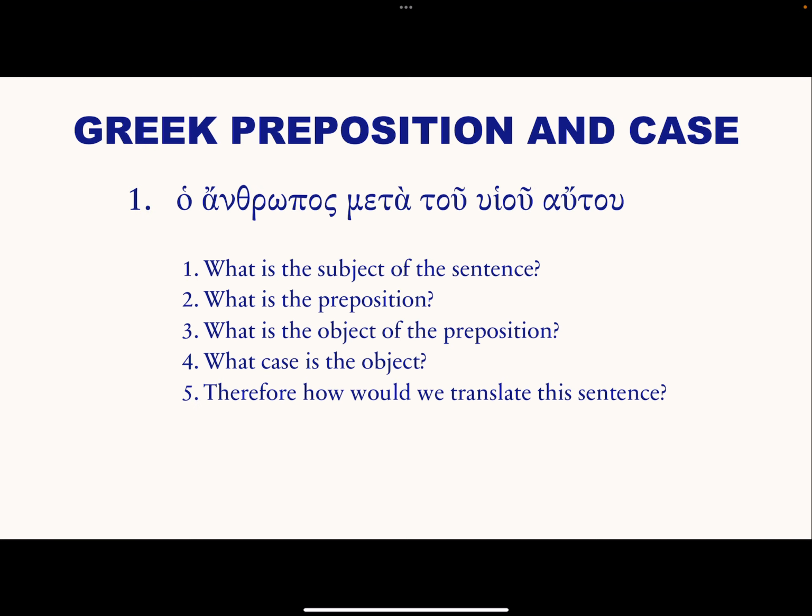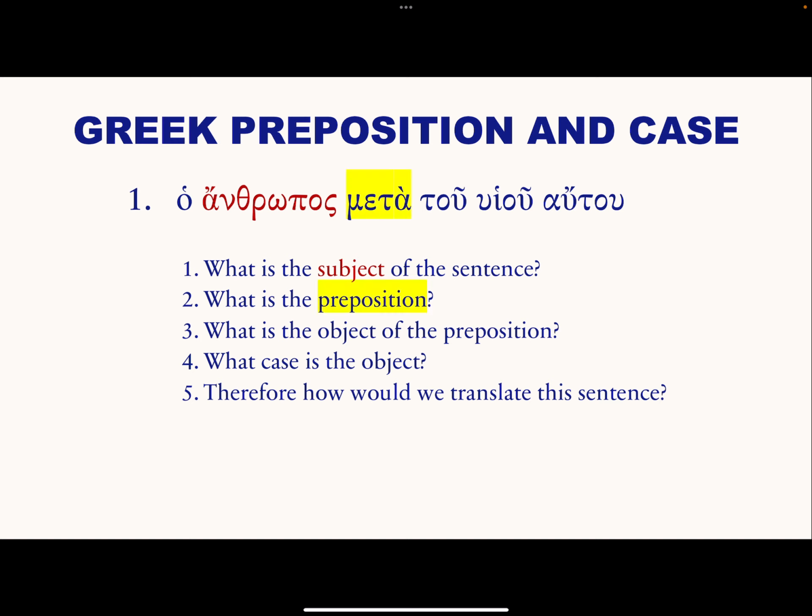Here is another sentence using a preposition, and this preposition's meaning is going to change in the very next sentence. So let's start with this one. We've got ho anthropos meta tu huiu autu. Ho anthropos is our subject, meaning the person, the man.